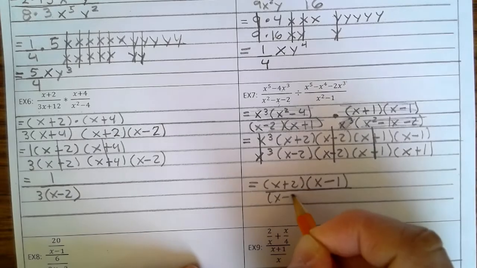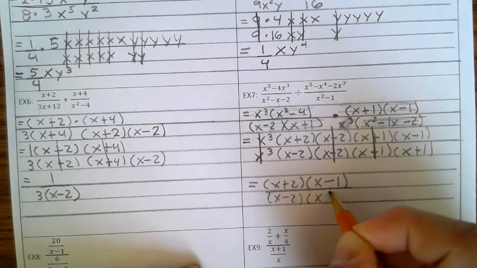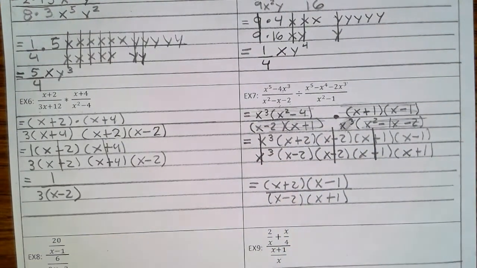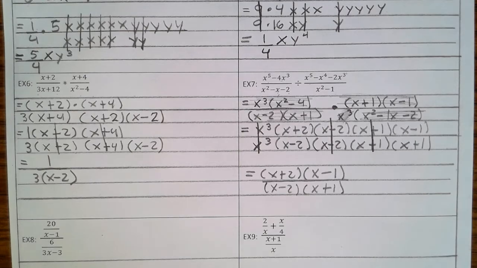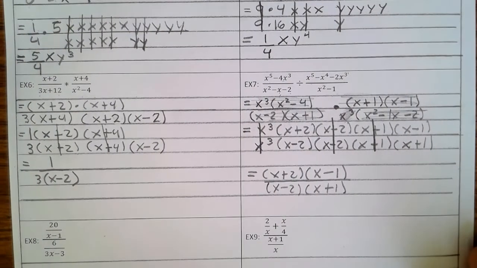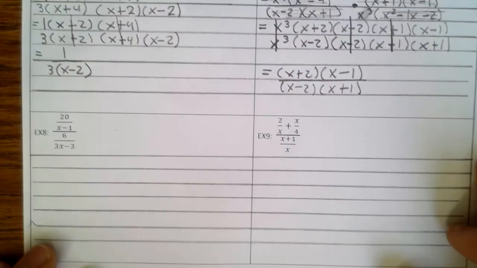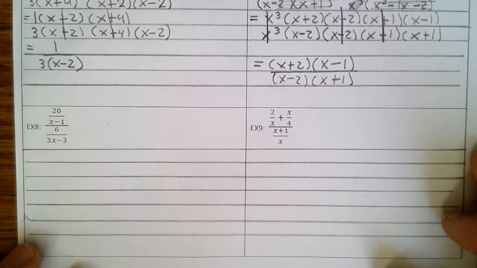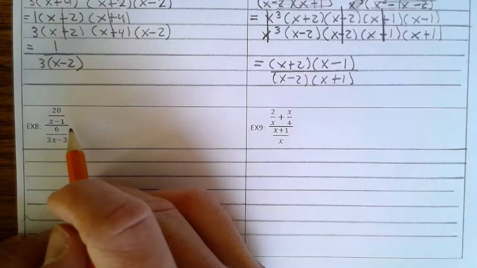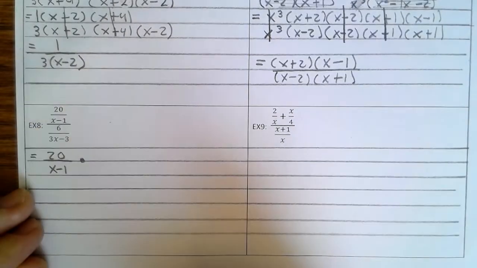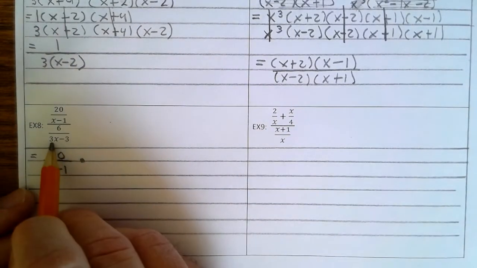All right, now let's take a look at example 8. Okay, again, when you're dividing by a fraction, you flip and multiply. So that's 20 divided by x minus 1 times, and let's go ahead and factor that. That's 3 times x minus 1 divided by 6. Now, let's rearrange.